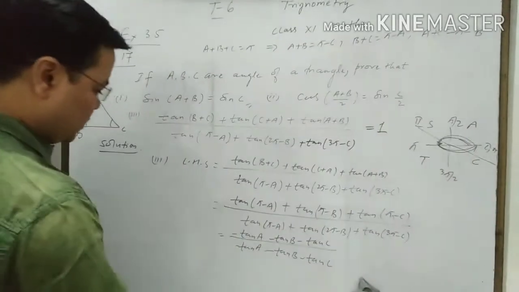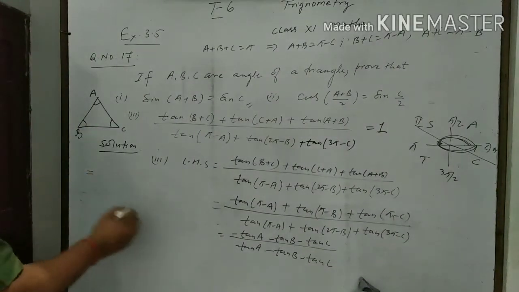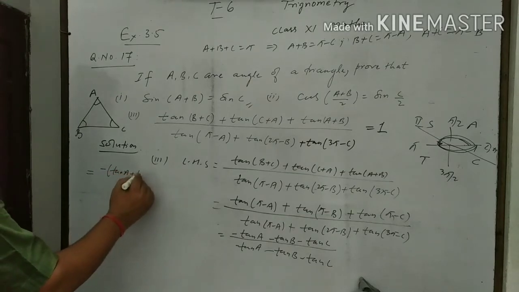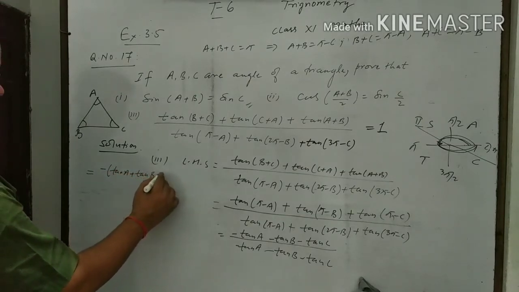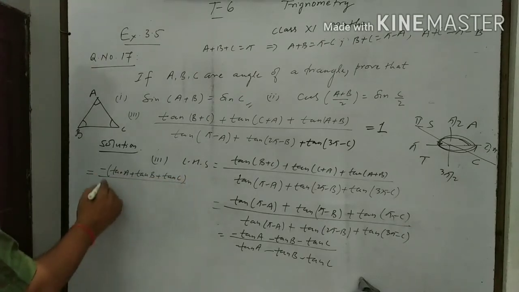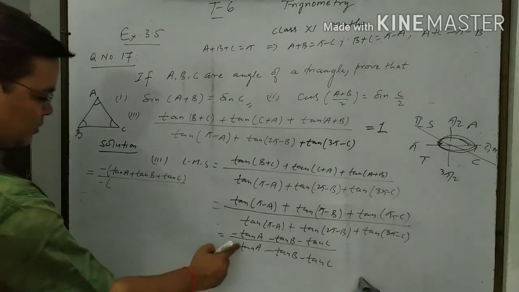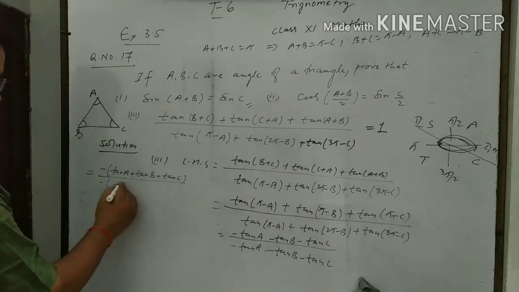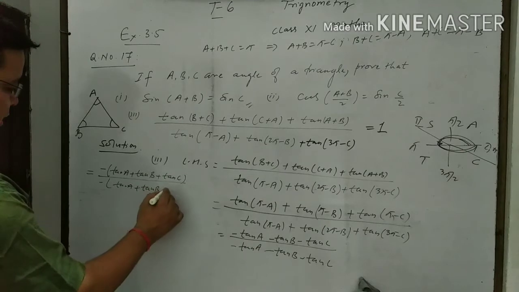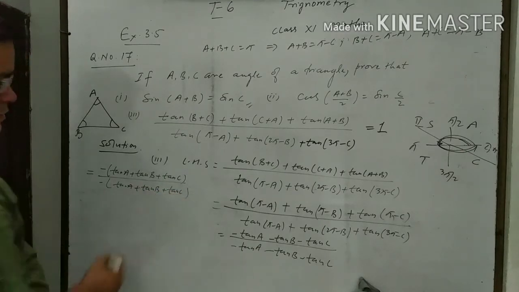Okay. Now take minus common, then it will be tan a plus tan b plus tan c in the numerator, and in the denominator, minus, also minus tan a plus tan b plus tan c.